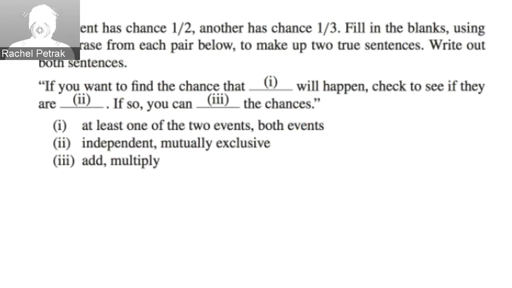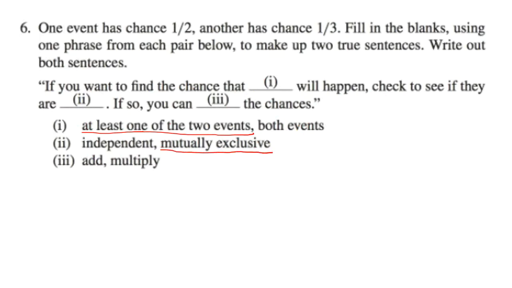So in our first scenario, we've got at least one of 2 events will happen. Check to see if they are mutually exclusive. If so, you can add the chances. And the converse sentence would also be true.